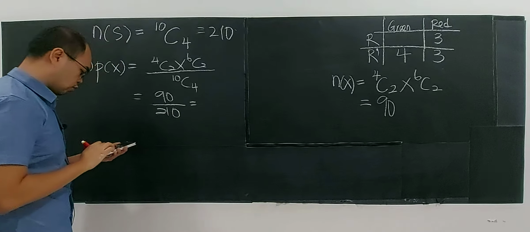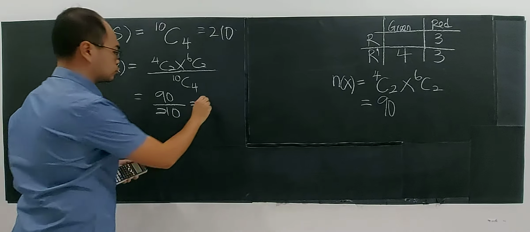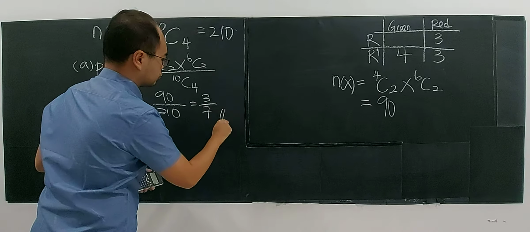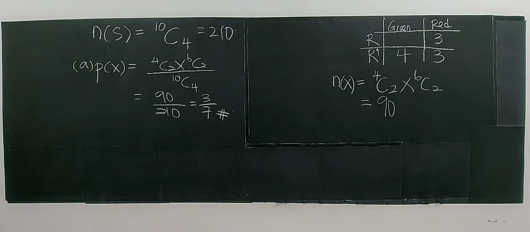Alright, 90 over 210 will be 3 over 7. So this is the probability of X that the question defined.